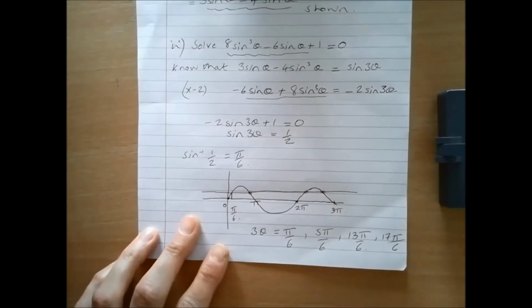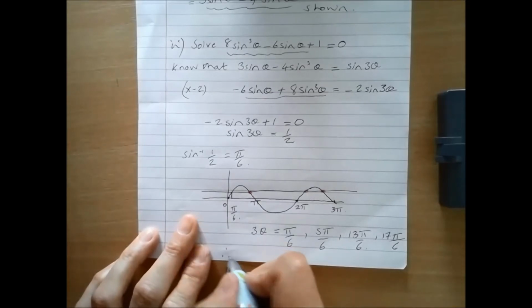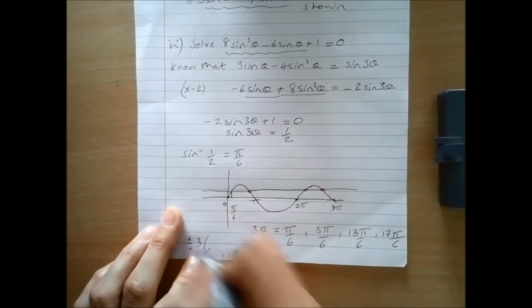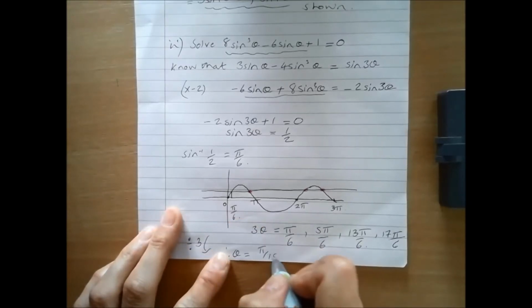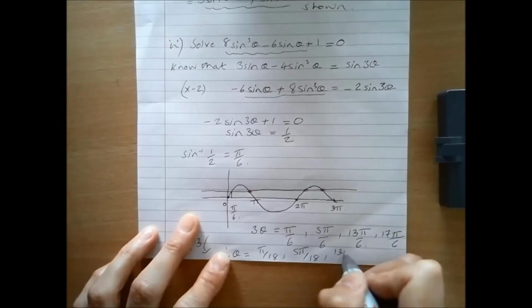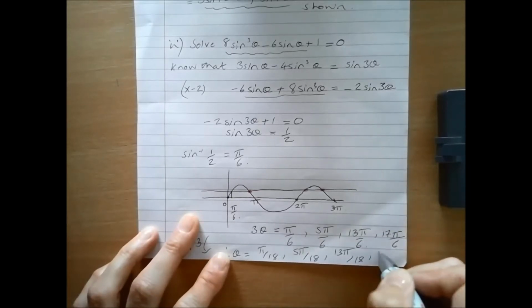And that's obviously 3 theta. So to get theta, I'm going to divide everything by 3. Pi over 18, 5 pi over 18, 13 pi over 18, 17 pi over 18.